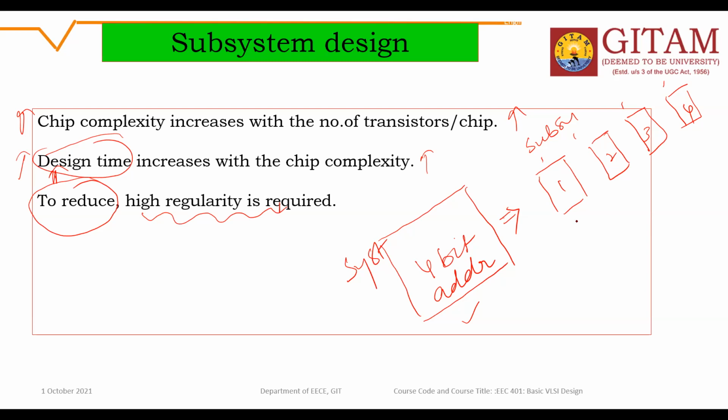Suppose I design one 1-bit full adder block, then the remaining three are just copies, replicas of it. That is called regularity. We put our effort only on the design of the 1-bit full adder. The remaining full adders need no additional time, because once it is completed, you can just copy it and keep it in the design.